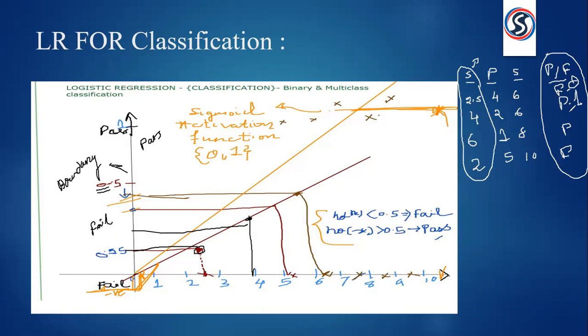Yes or no? But whenever I plot it upon this straight line, upon this graph, what result is it giving me? It is coming below my boundary, 0.5. That means according to the graph, that person will fail.